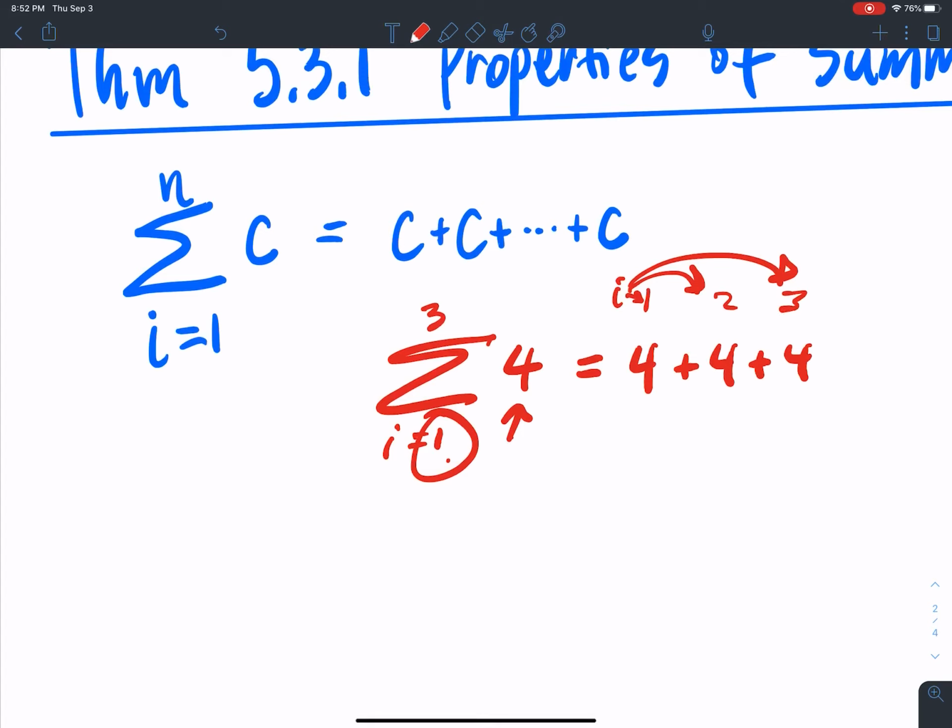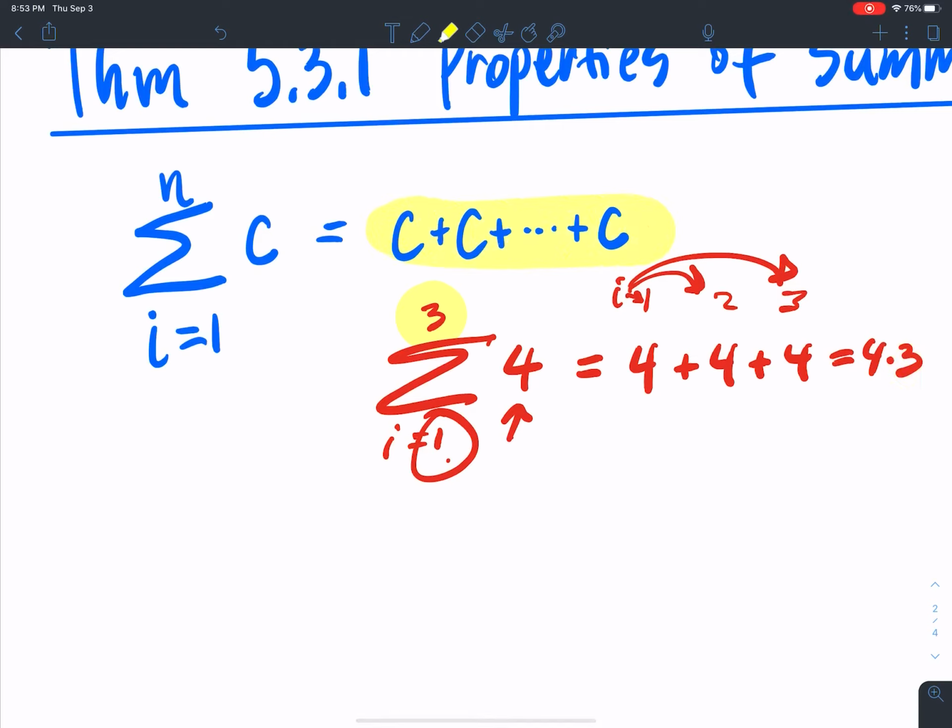Another way to add 4 three times is to say 4 times 3. So the ending sum, the top index here, is multiplied by that constant 4, okay?